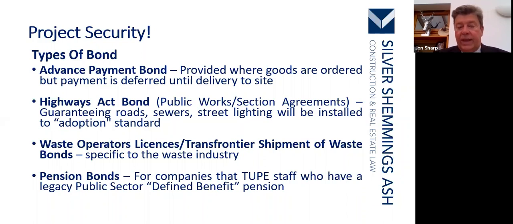There are also waste operator licenses and trans-frontier shipment waste bonds. As you can imagine, they are specific to the waste industry. And there are pension bonds for companies that TUPE staff who have a legacy public sector defined benefit pension.